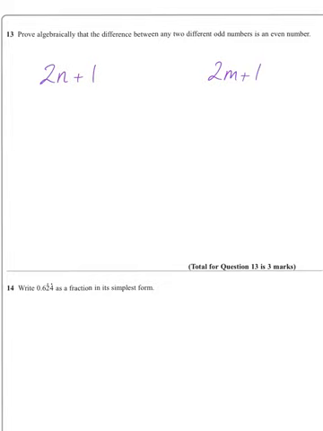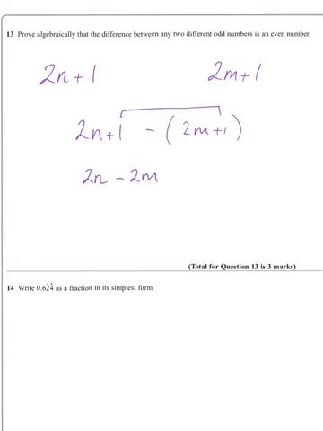Now, if we do one take away the other, because you want to find the difference between them, then we'll end up with 2n minus 2m, because the 1 take away the other 1 will vanish. And we'll be left with two lots of n minus m.